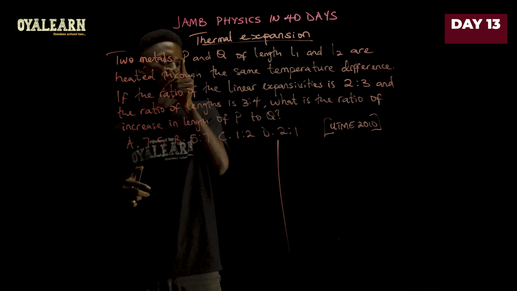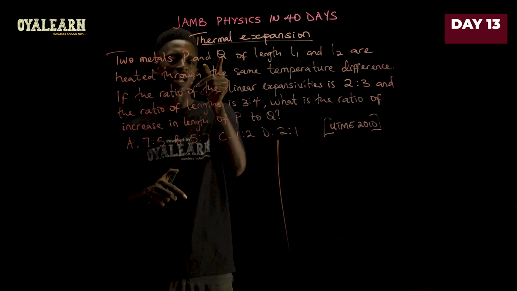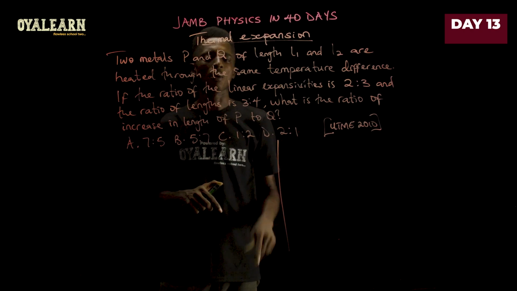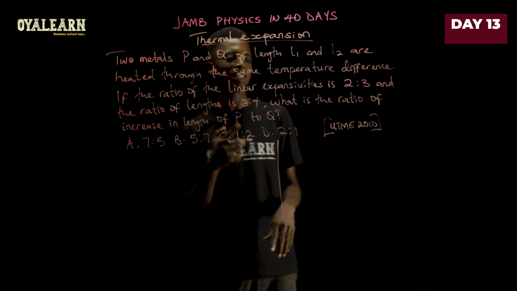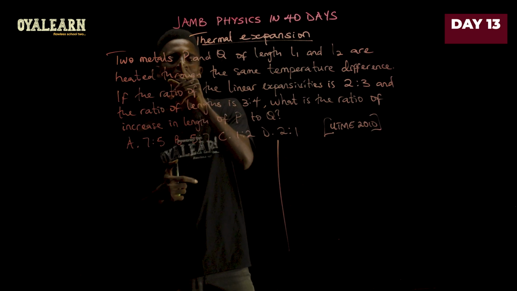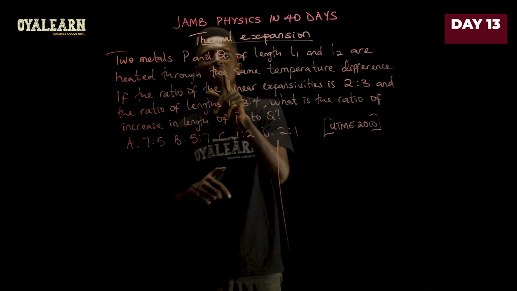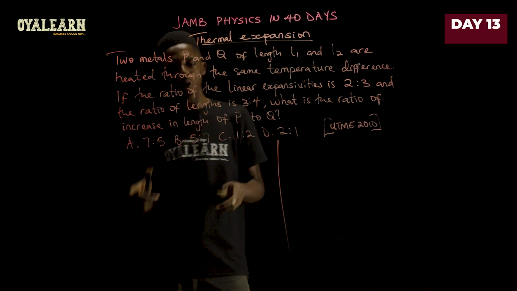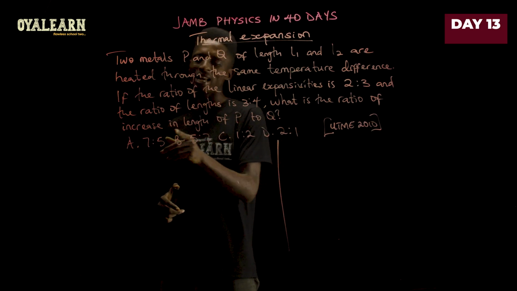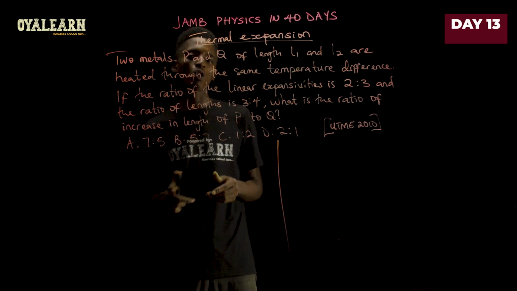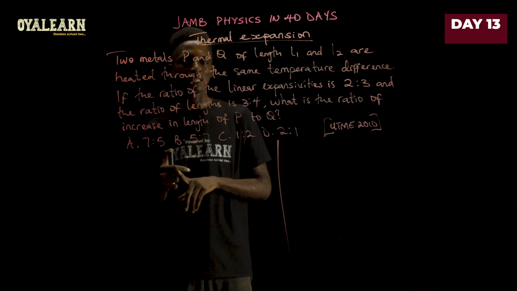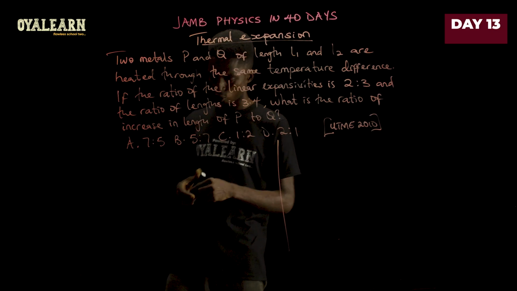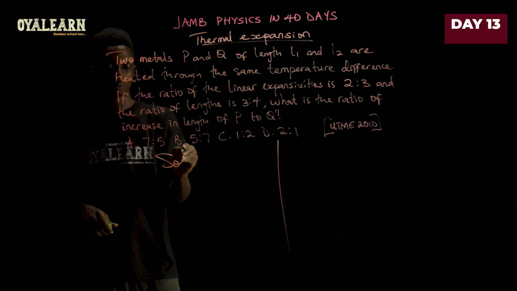When the original length for P is 3, the original length for Q would be 4. We are also given the ratio of their linear expansivities. When linear expansivity for P is 2, linear expansivity for Q will be 3. And what we are looking for is the ratio of their increase in length. So what we have to work with is the increase in length for P and the increase in length for Q. So here's the solution.